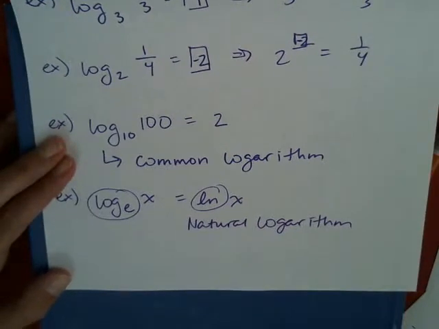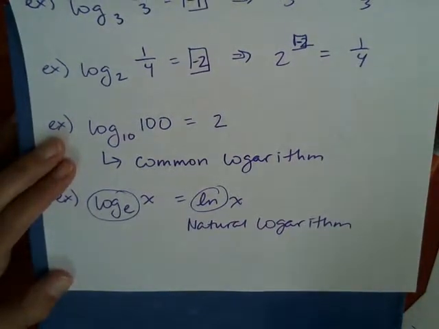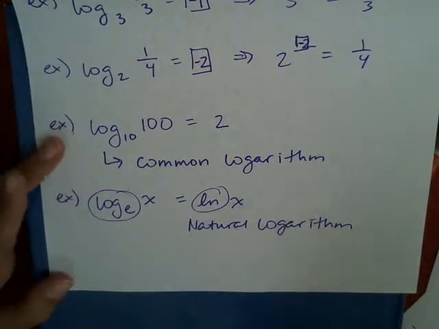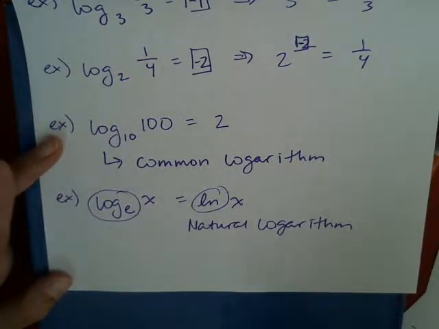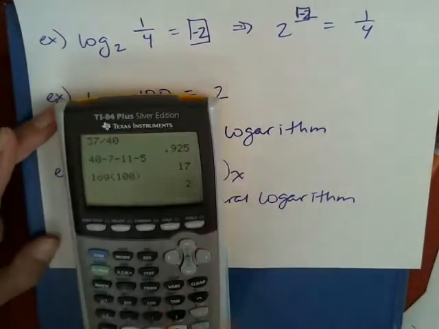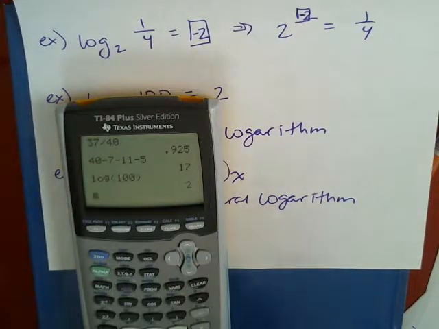And e is just a number that happens to be the perfect base for anything that grows or decays in nature continuously, which is why it gets its own special number. So it's just this base that works for organic growth and decay.